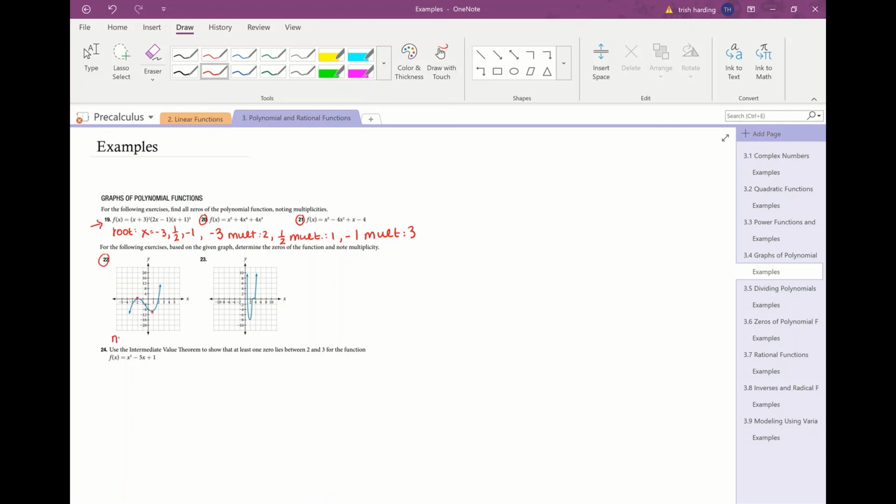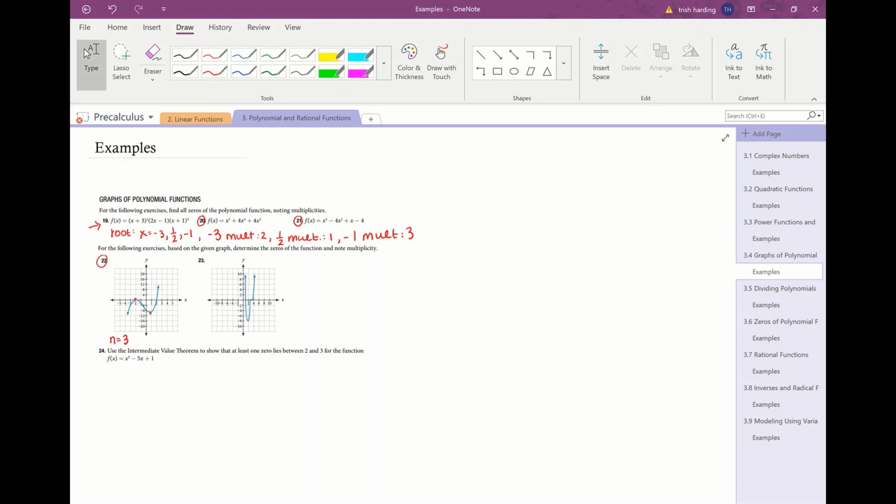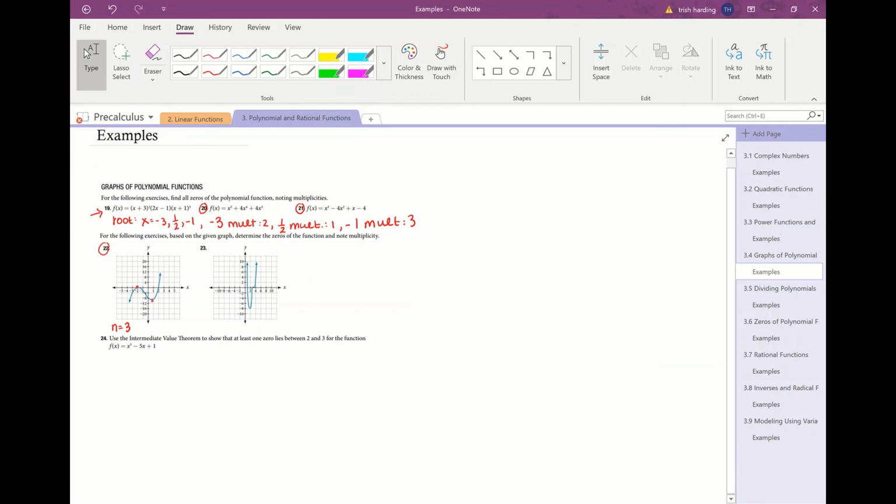So that means that we have 3. It's a degree 3 polynomial. So we're going to have 3 zeros. So for our zeros for number 22, we have x equals -2 and x equals 2.